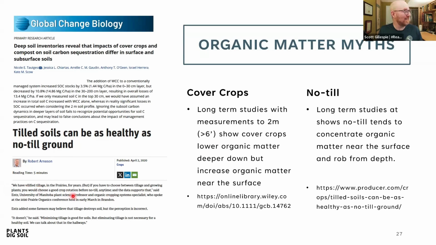He says here we've vilified tillage in the prairies, but if you had to choose between tillage and growing plants, you'd choose a good crop rotation before no-till. And he says anytime, and the data supports it. Actually, this was at the 2020 Prairie Organics Conference. I hadn't even noticed that when I put this in.